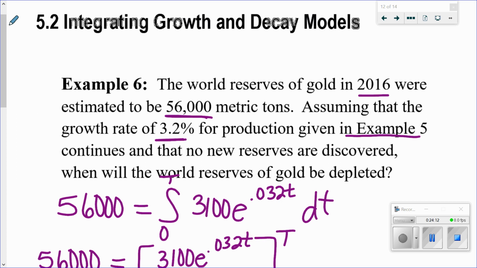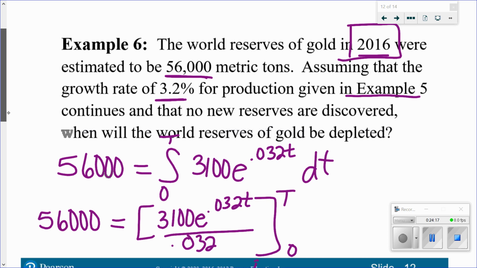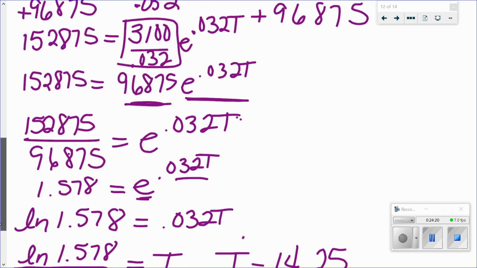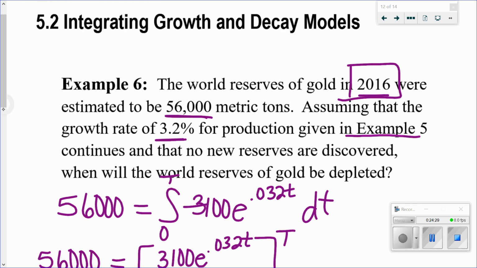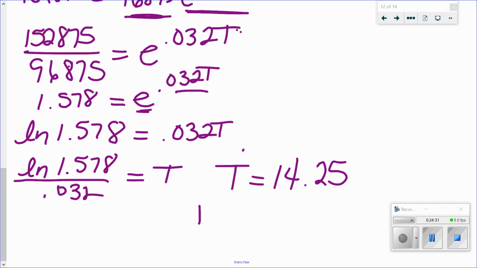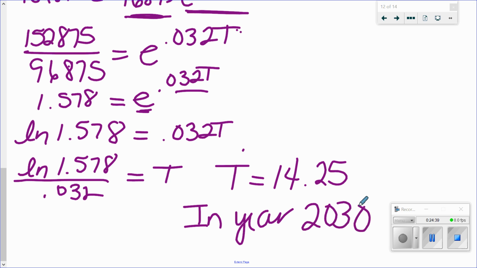So let's look at, we started in year 2016. So if we start in year 2016 and we go 14 years later, that would put us in the year 2030, sometime in that year.